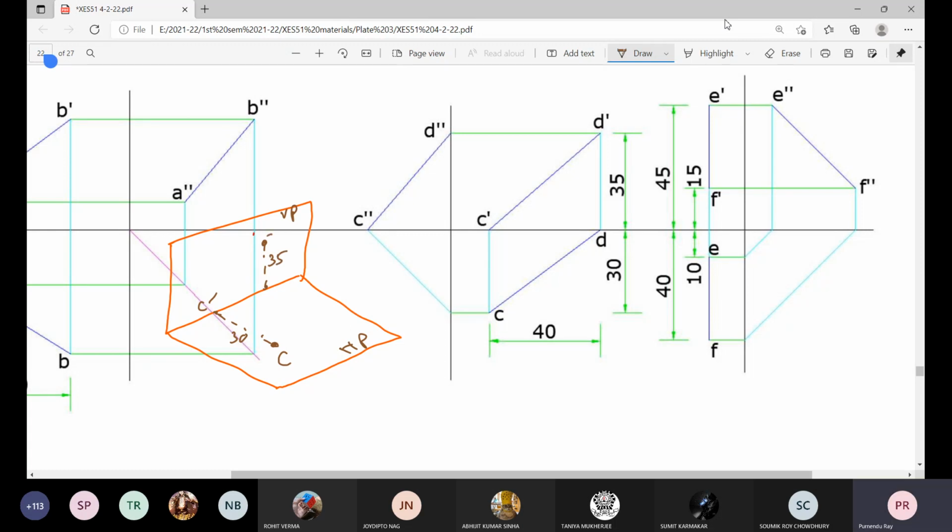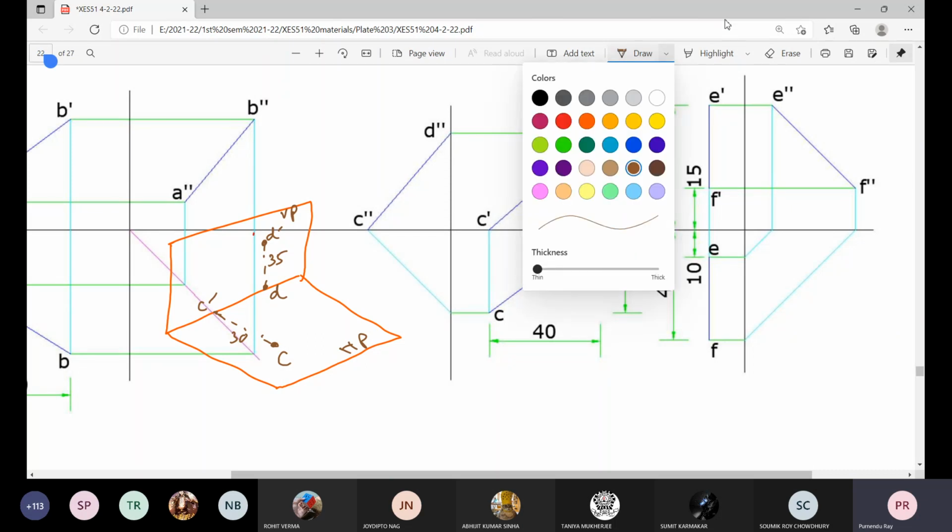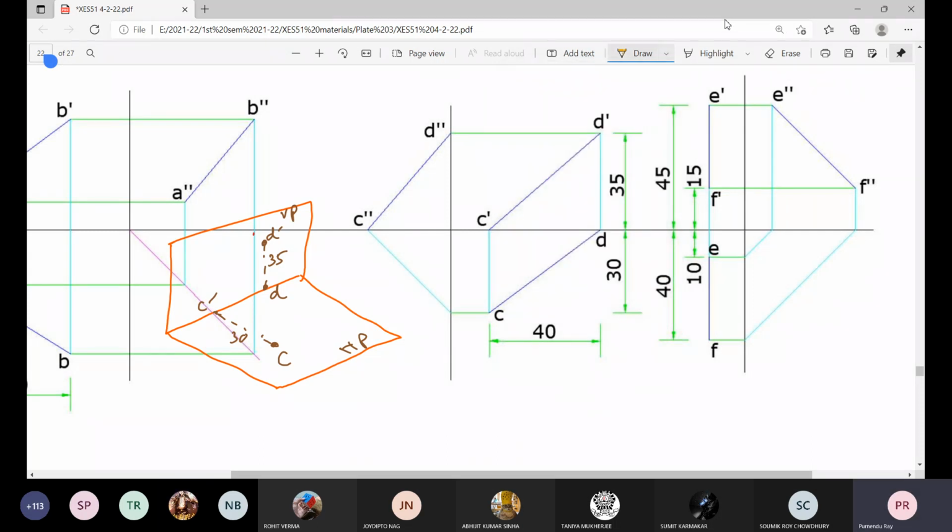So this is the elevation, and this is on the ground line itself. This is the plane. So when we connect these 2 points in elevation, we get the elevation of the line, and when we connect the terminal points C and D in plane, we get the plane of the line.